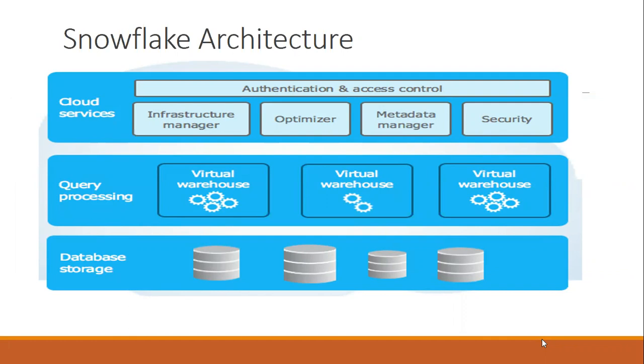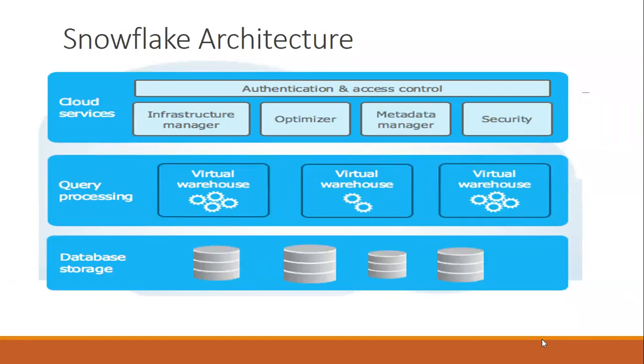Cloud service is the brain of the Snowflake architecture. Why do we call it the brain? Because here you can see the query processing and database storage are all decoupled. Decoupled means there is no link between the virtual warehouse and database storage.